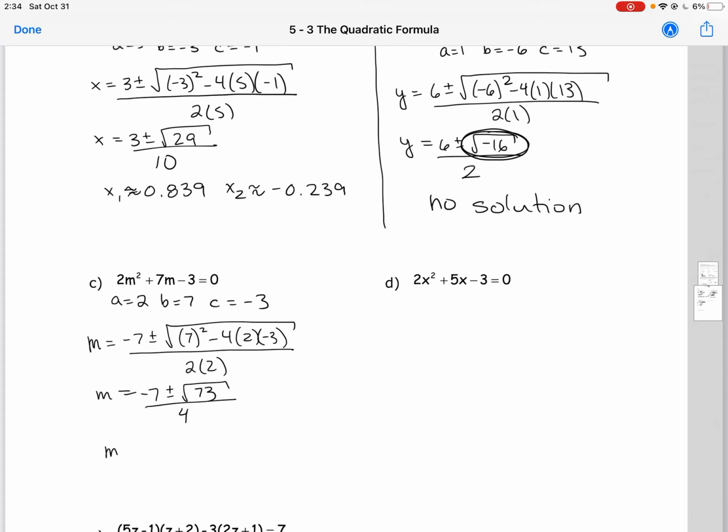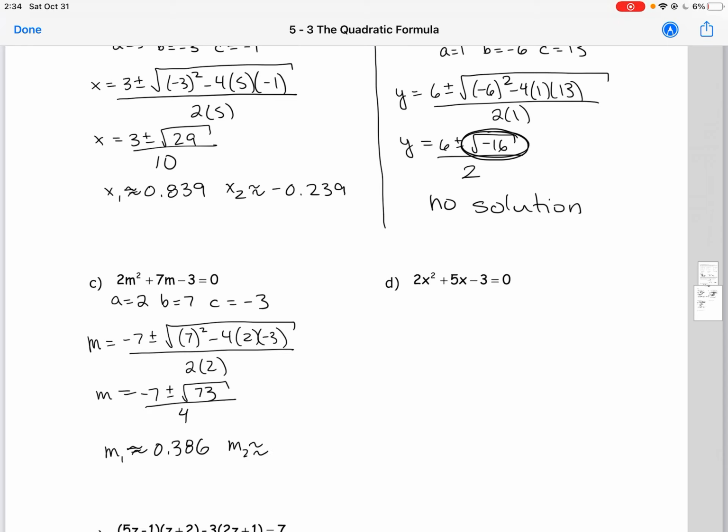73 over 4. I can leave that as is, or I can evaluate it to find the decimals. So I've got minus 7 plus root 73 divided by 4 would be my first answer, which is approximately 0.386.